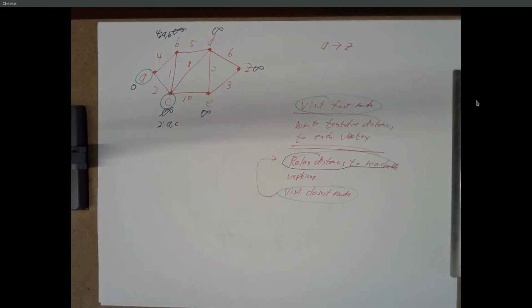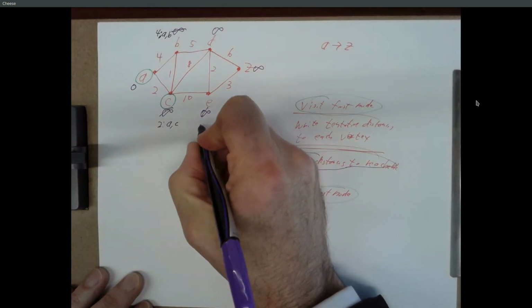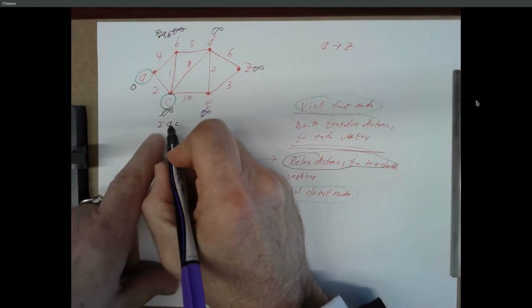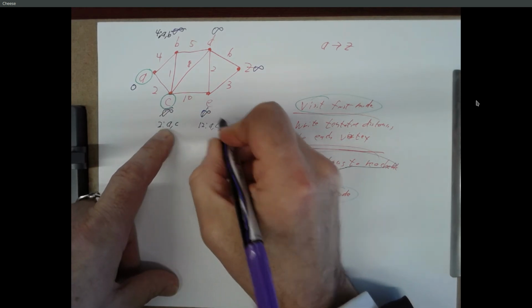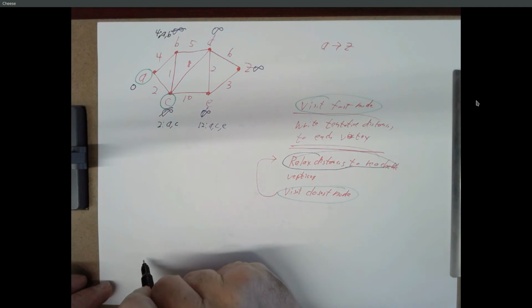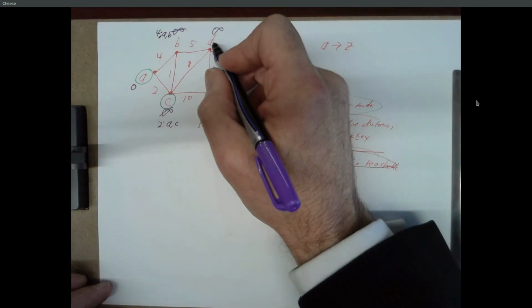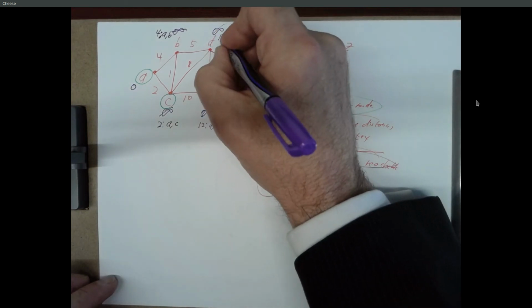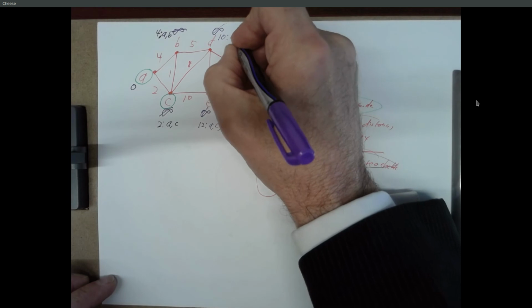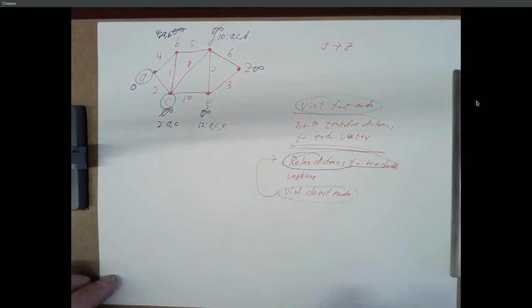That's better than infinity. So now we can reach node E at a distance of 12 by going through whatever we take to get to C, which is A, C, and then going to E. From C we can also get to node D. Takes 2 to get to C plus another 8. That means this takes a distance of 10, and the path is A, C, and D.